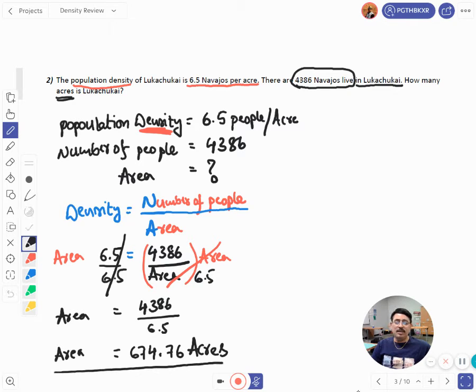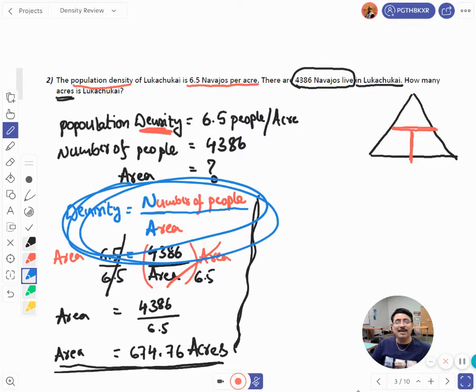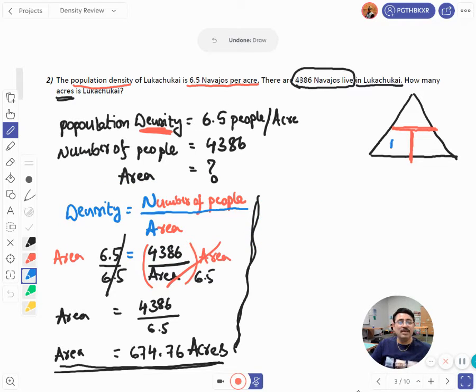But in my previous sessions, I mentioned that there is an easy way, that is, you think of the magic triangle. So what does this magic triangle mean? Draw a triangle, then take an English alphabet T, then write the formula. I'm writing this formula, which is density equals number of people over area.